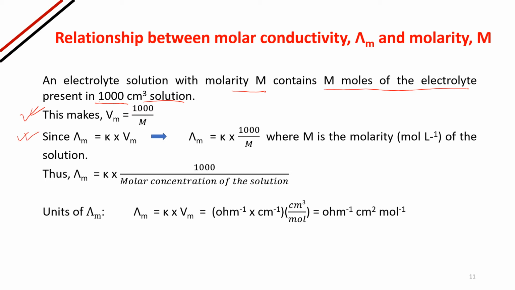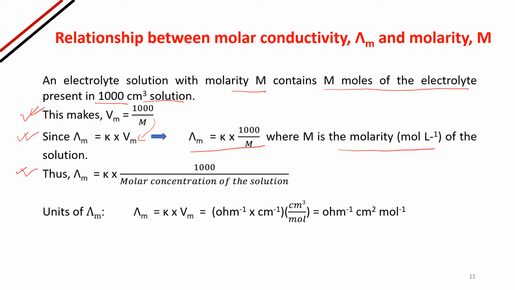Since lambda m is equal to kappa into Vm, just replace the value Vm with 1000 by m. We are getting lambda m is equal to kappa into 1000 by m, where m is the molarity, that is moles per liter of the solution. Lambda m is equal to kappa into 1000 by molar concentration of the solution.